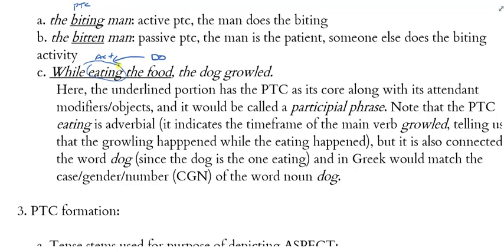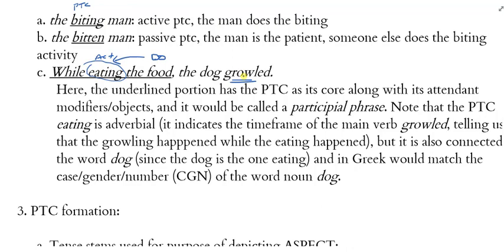All right? One last thing to say about this participle is that it is an adverbial participial phrase. What does that mean? It's telling me something about the main verb. Adverbial things modify verbs. Adjectival things modify nouns, right?